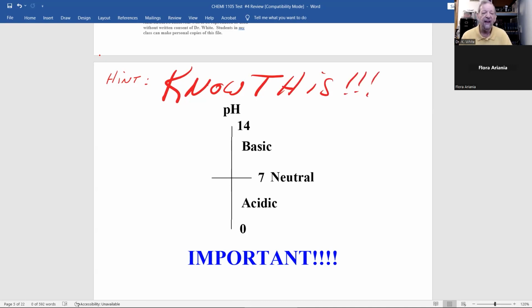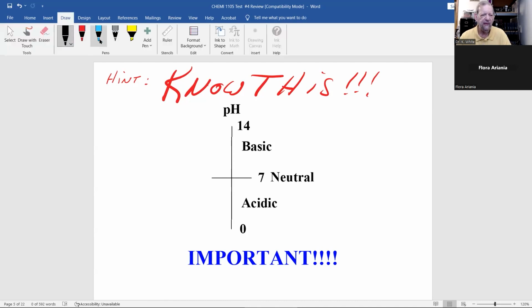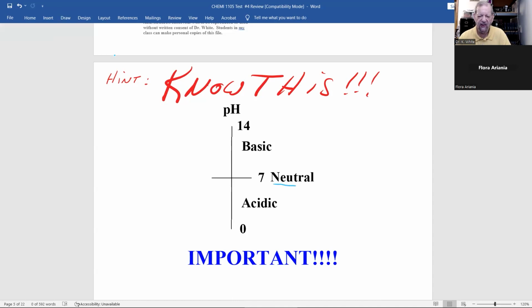Know this. The pH scale goes from 0 to 14. When you're at pH 7, the solution is neutral. When you're below 7, you have an acidic solution. And when you're above 7, it's a basic solution.